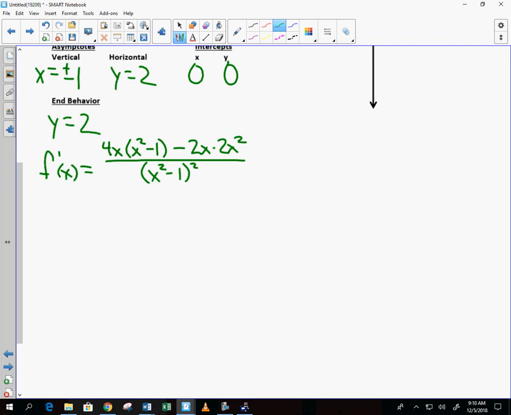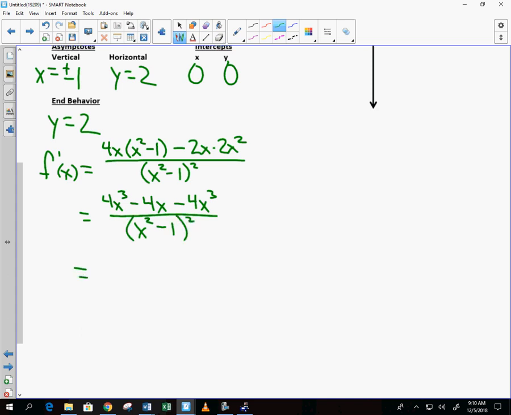All right. So I've got 4x cubed minus 4x minus 4x cubed, divided by x squared minus 1 quantity squared.